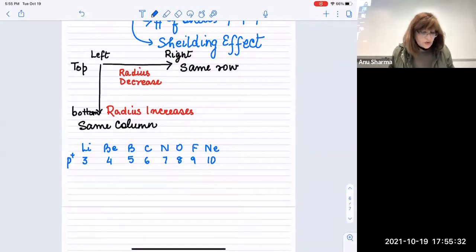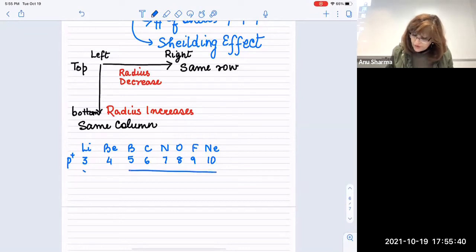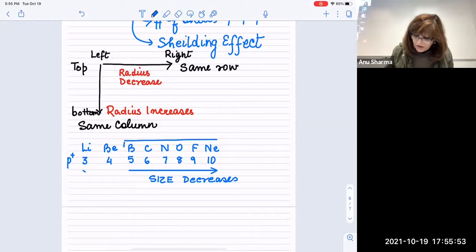But as you go from boron to neon, the size decreases very specifically, partly because these are in the P block.